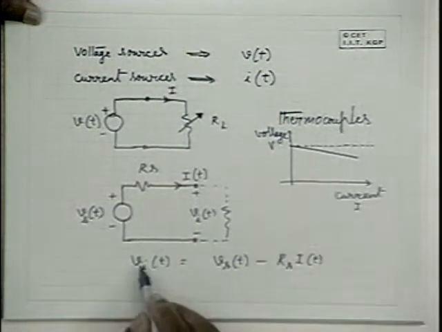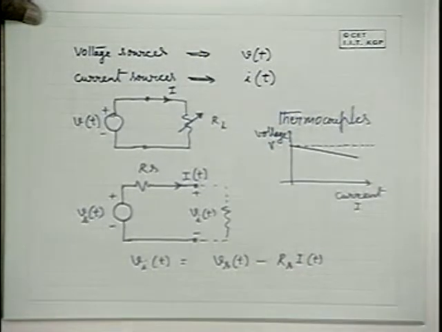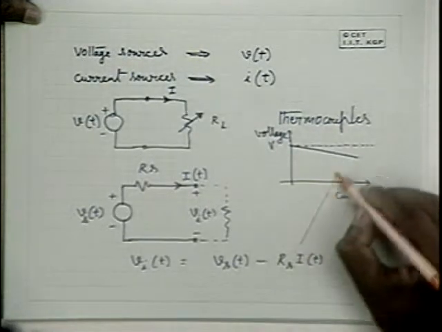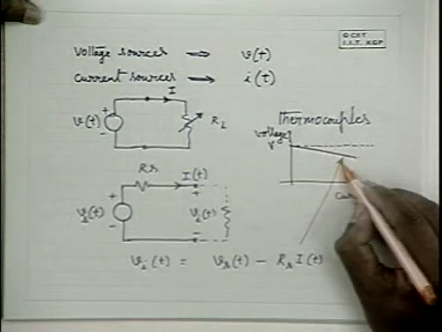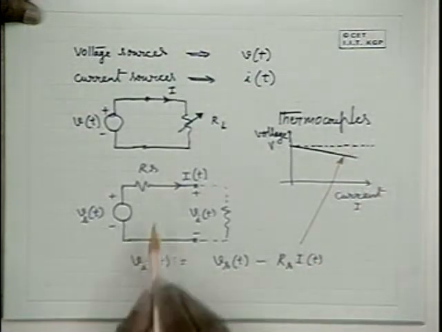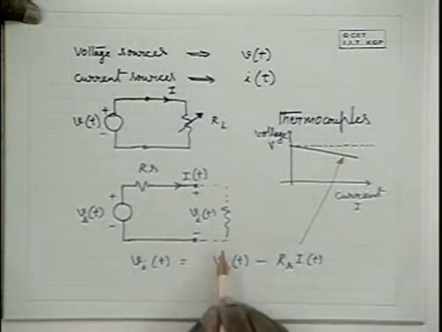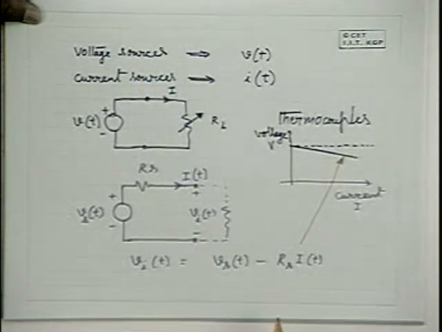Now please note that this equation is governed by this characteristic. This equation represents this characteristic. For 0 current, V(t), the terminal voltage here, is equal to VS(t) itself, and with current drawn, V(t) is going to be less than VS(t).